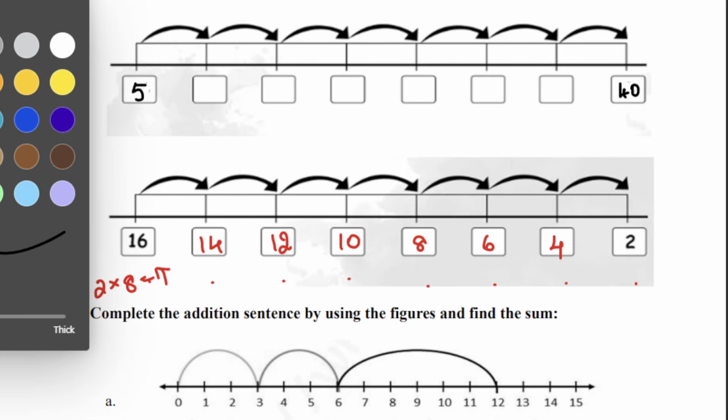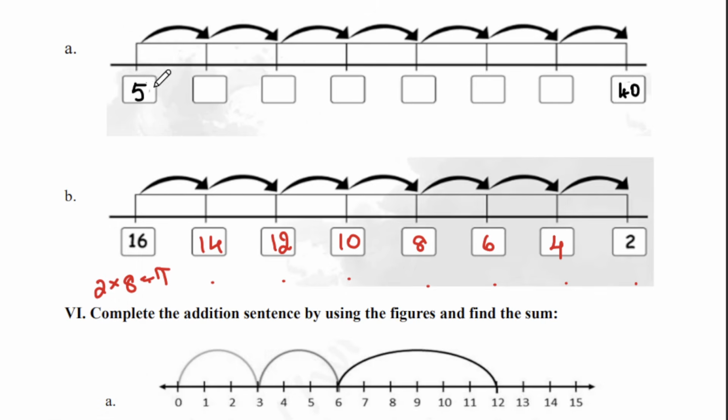Then how will you write the answer? We have 1, 2, 3, 4, 5, 6, 7, 8. So 5 into 8 is equal to 40. So you have to fill 5 ones are 5, 5 twos are 10, 5 threes are 15, 5 fours are 20, 5 fives are 25, 5 sixes are 30, 5 sevens are 35, and 5 eights are 40. You can get the answer very easily.